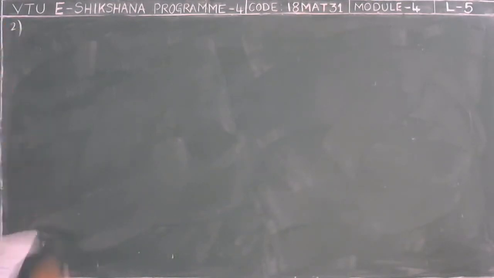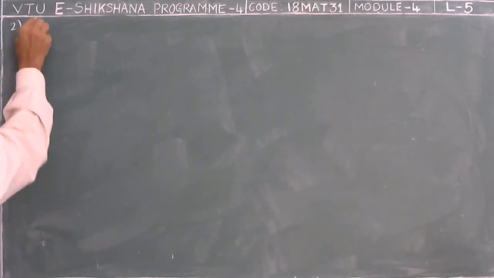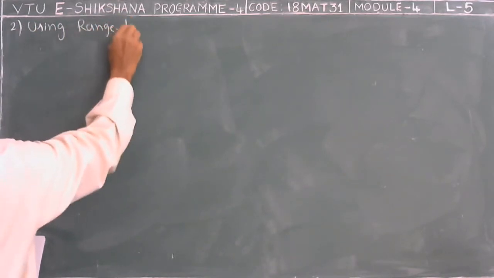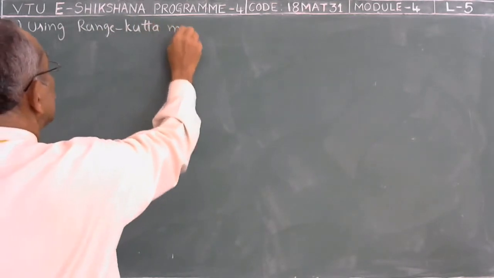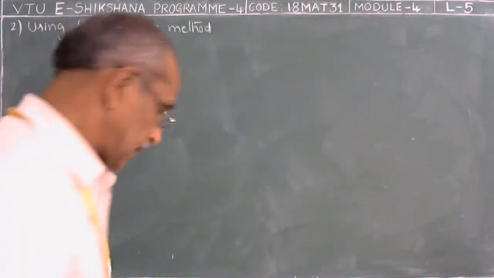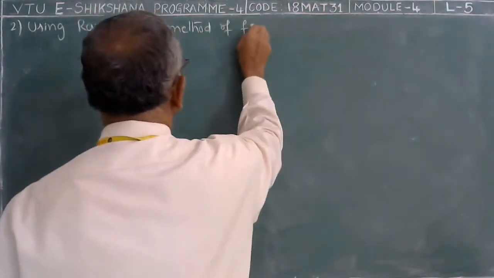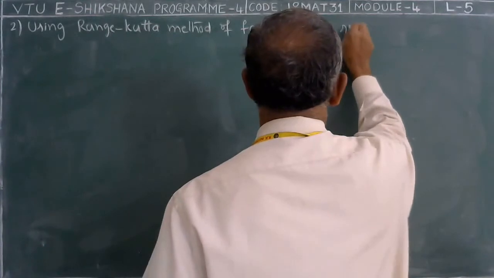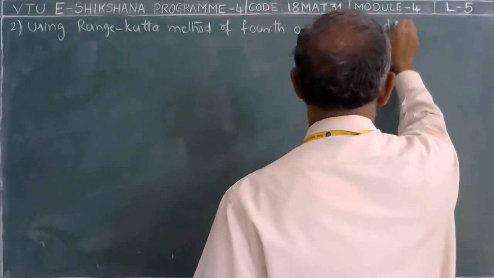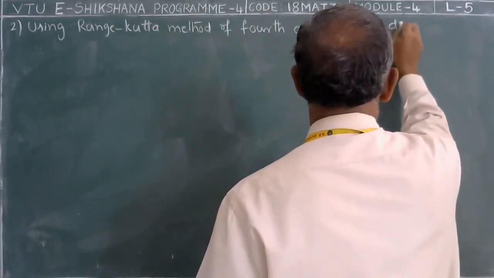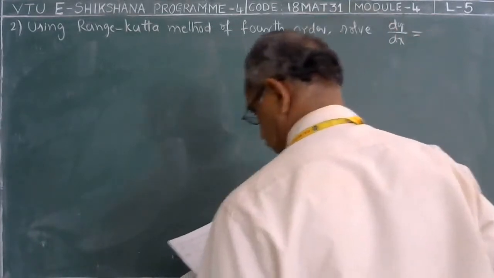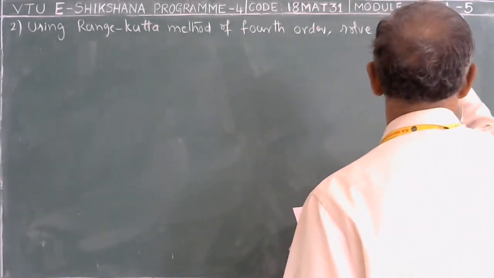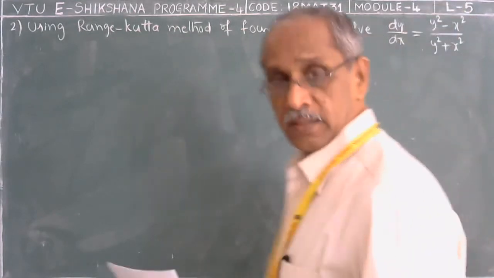Using the Runge-Kutta method of fourth order, solve dy by dx is equal to y square minus x square divided by y square plus x square.